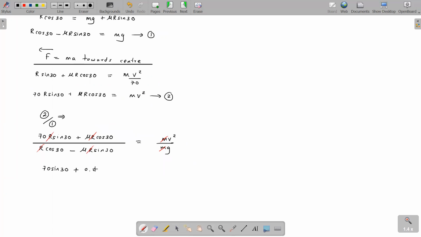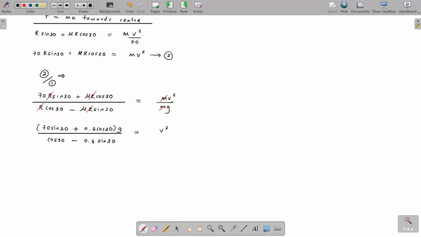So plus 0.4 cos 30, divided by cos 30 minus 0.4 sine 30, equals v squared over g. So I'll bring g up to the numerator. It's a matter of typing everything in the calculator, getting the answer, and then taking the root.